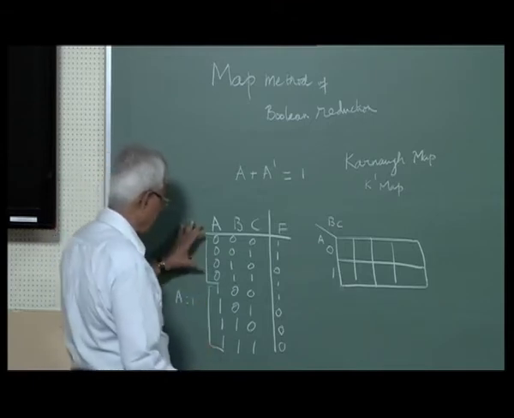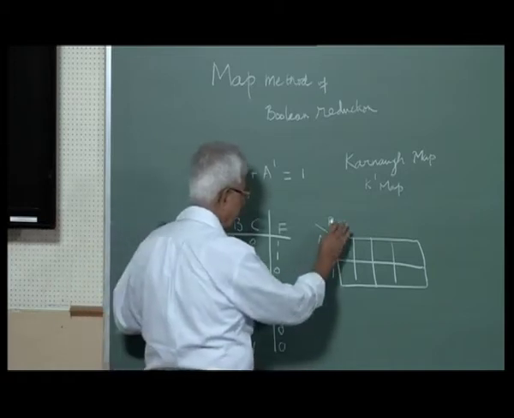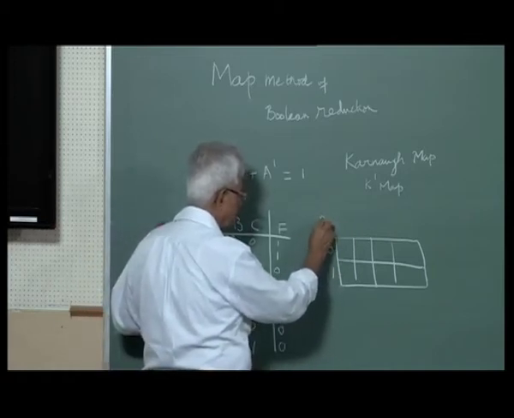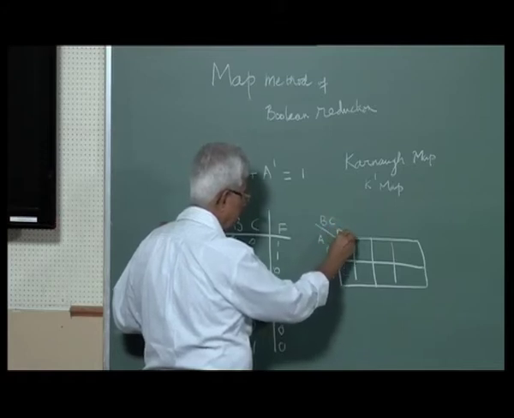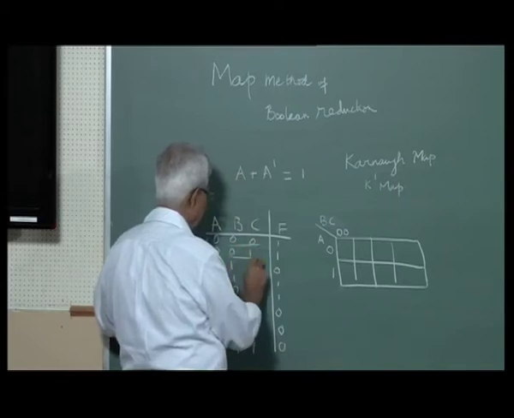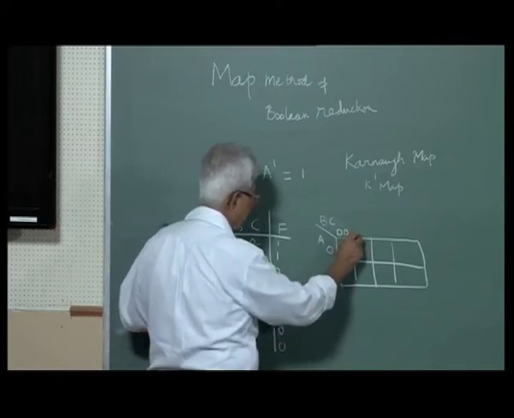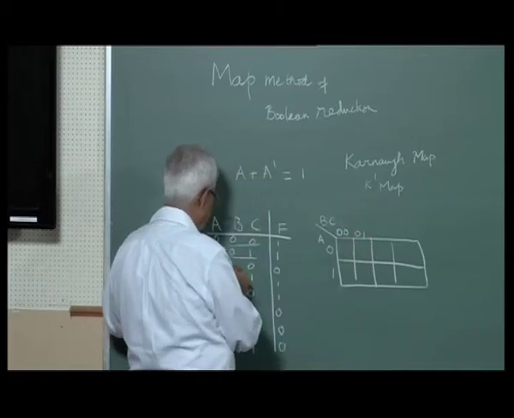Within the first 4 rows, this is B bar C bar, then that is B bar C, then that is B C bar.